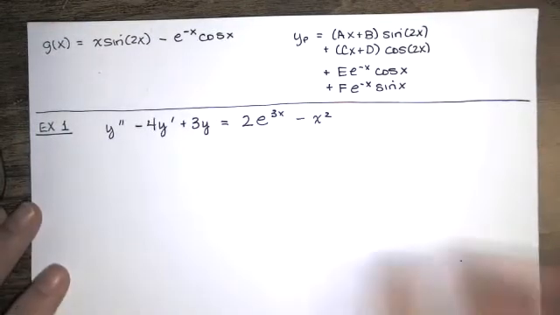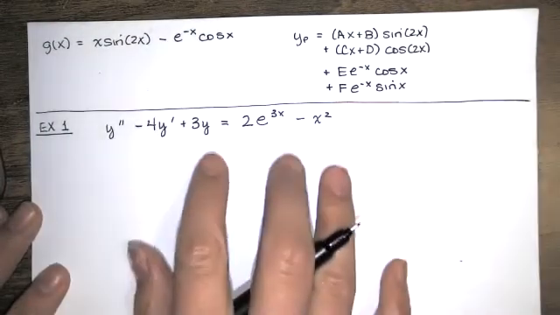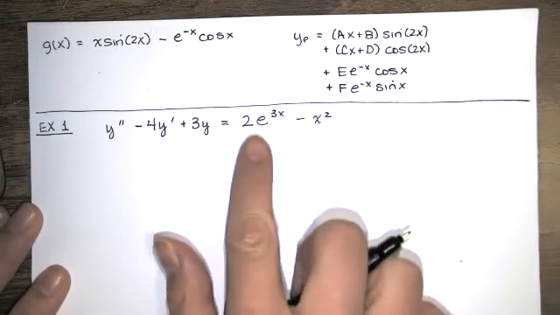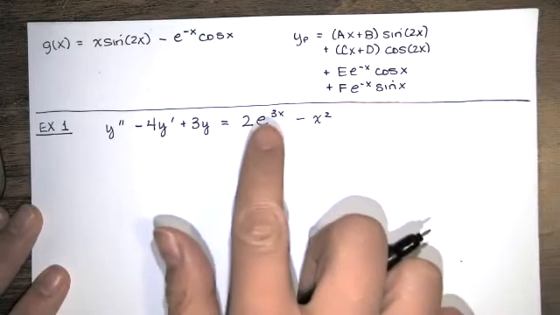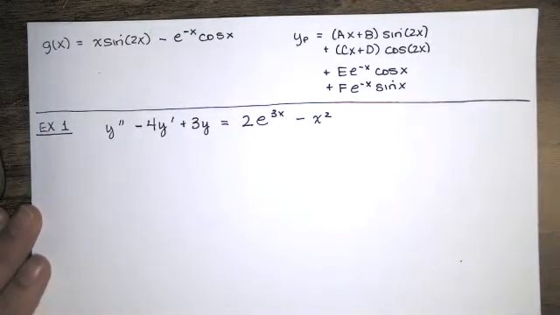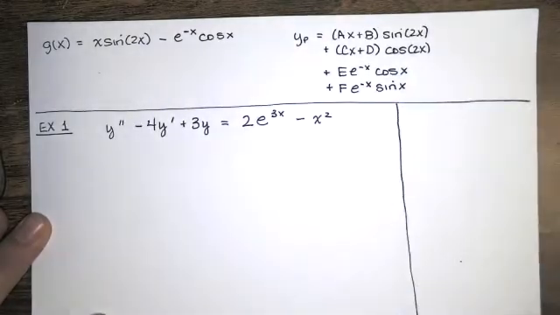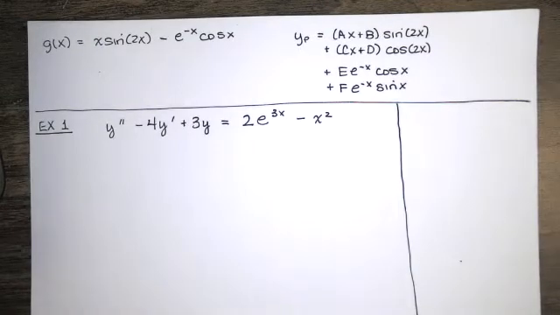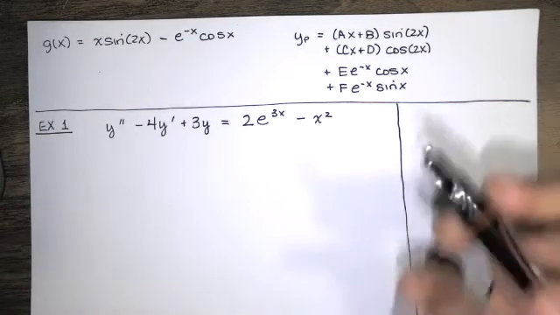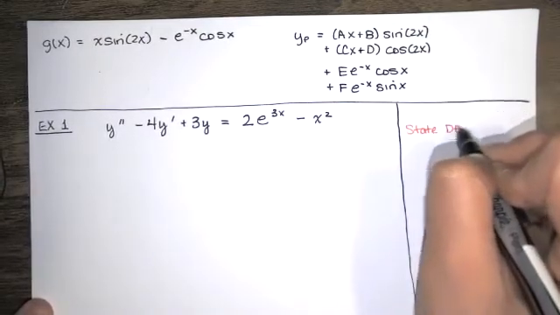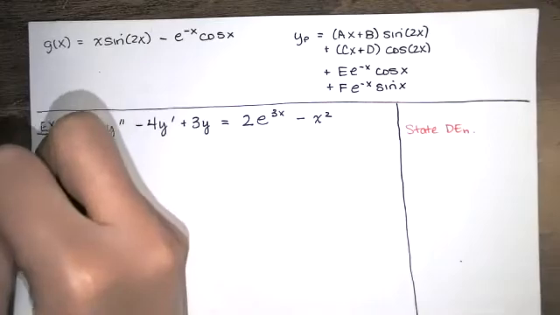If I'm solving this non-homogeneous differential equation with constant coefficients, since the right-hand side is an exponential plus a polynomial, I can use the method of undetermined coefficients. The first thing that we do whenever we're solving a non-homogeneous differential equation is we solve the corresponding homogeneous equation.